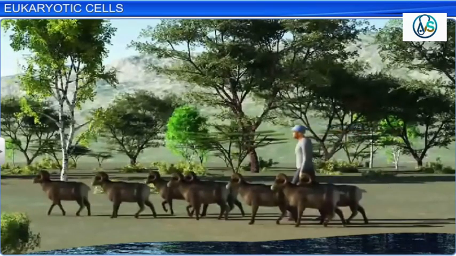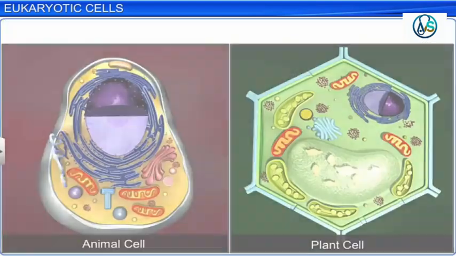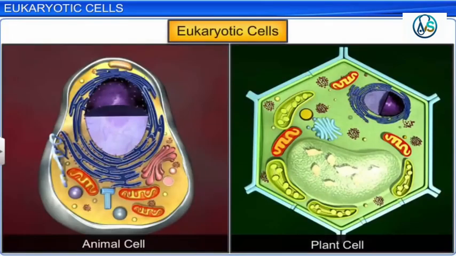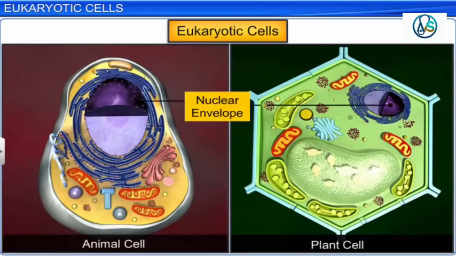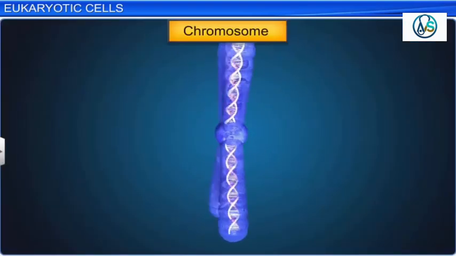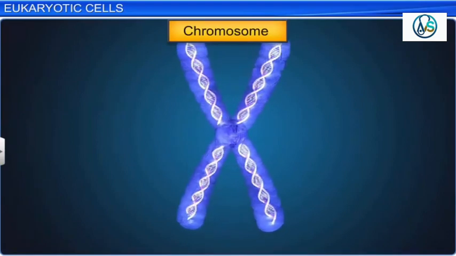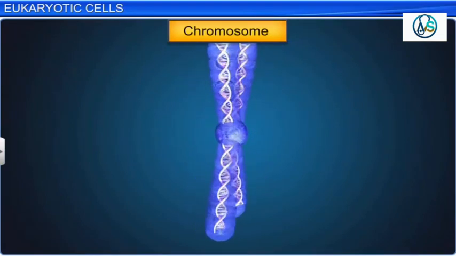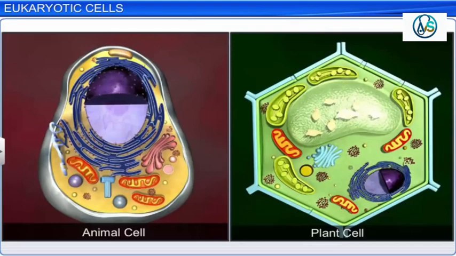Yet, they all have a common structural unit: the eukaryotic cell, or a cell which possesses an organized nucleus surrounded by a nuclear envelope. This nucleus, containing chromosomes that carry the genetic code of the organism, is surrounded by cytoplasm, a semi-fluid matrix which makes up the volume of the cell.